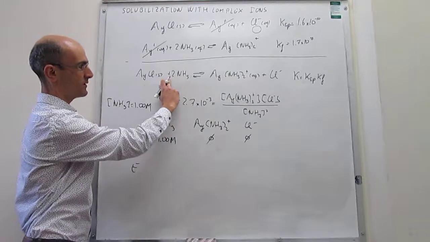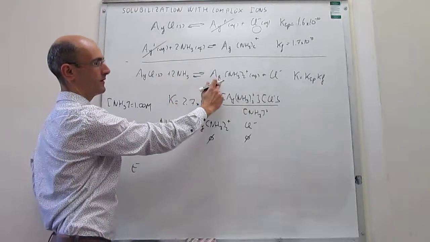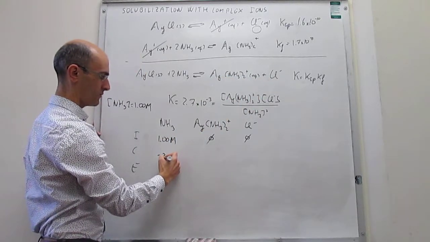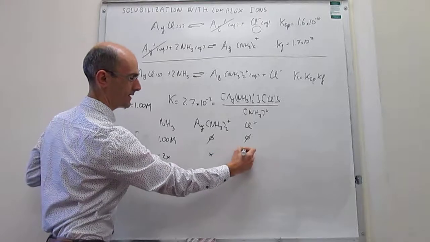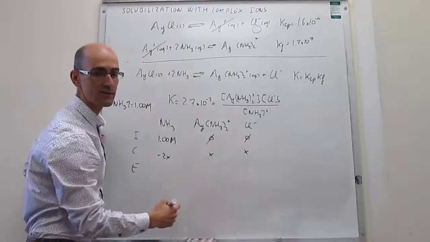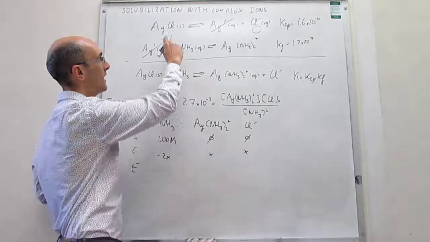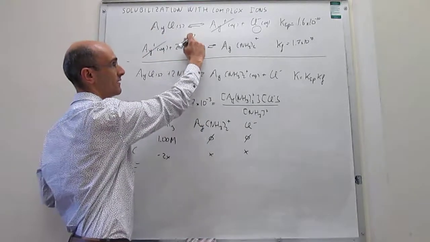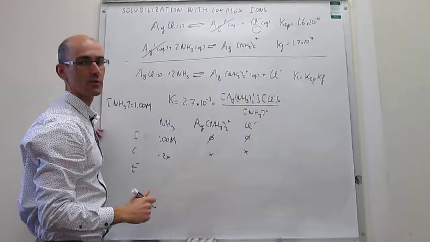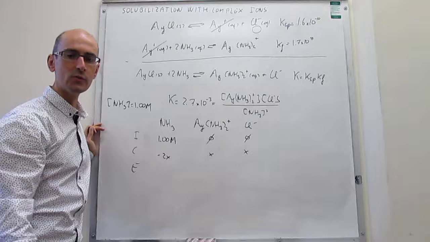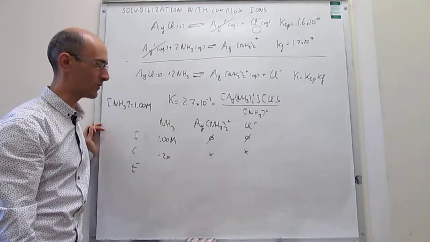Notice that the stoichiometry is 2 molecules of ammonia to each one of these, so the reaction will be displaced to the right: minus 2x, plus x, plus x. And x is exactly the solubility of silver chloride. Notice that however much silver chloride dissolves is going to result as chloride ions in solution. So we can use that concentration of chloride ions to determine exactly the solubility of silver chloride.